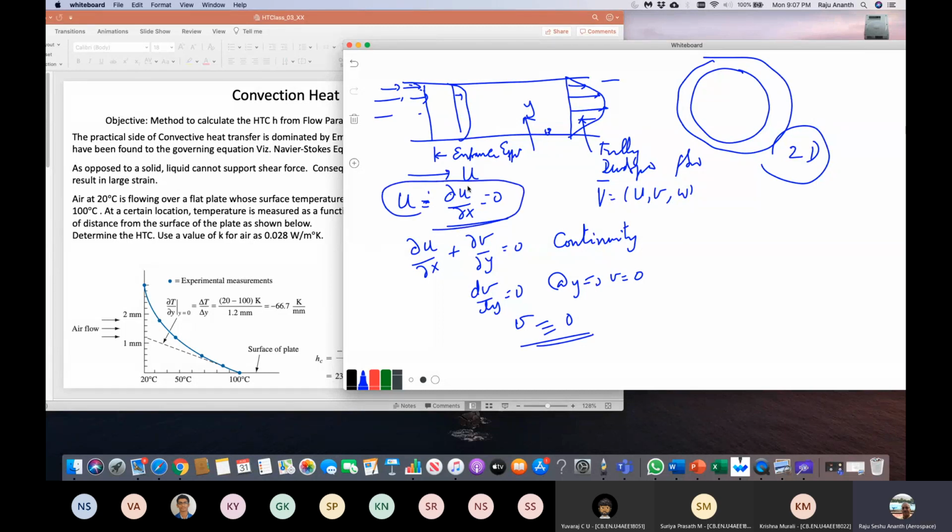So the only velocity is u, and it is going to be some sort of a function of x over L squared. For laminar flow, it will be a function of the viscosity or Reynolds number or whatever.